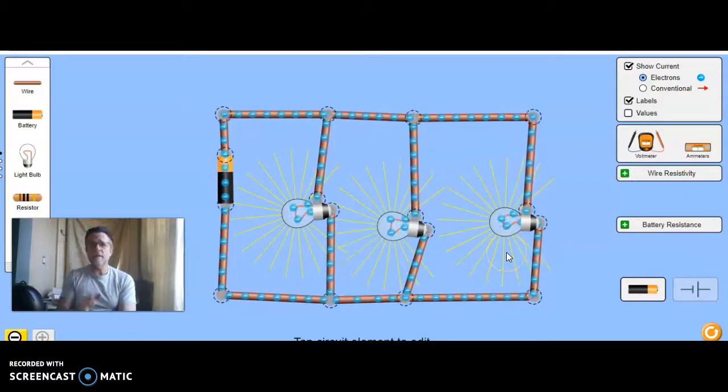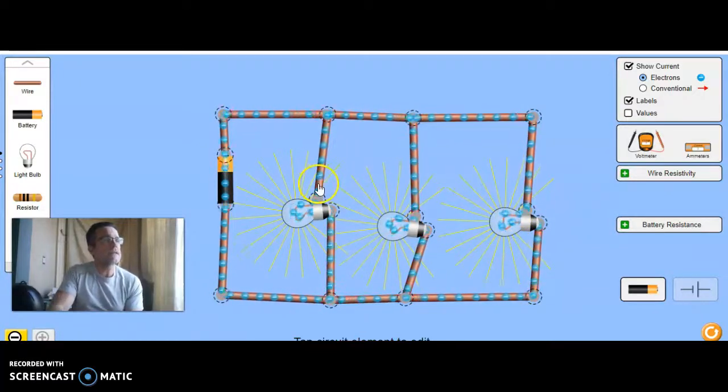And that's because in parallel, if you remember, that current isn't consistent. It isn't going to be the same, and that's shown here because take a look how slow these electrons are moving compared to how quickly they're moving over here. Right? They're going very, very slow here, and they're going quickly over here.